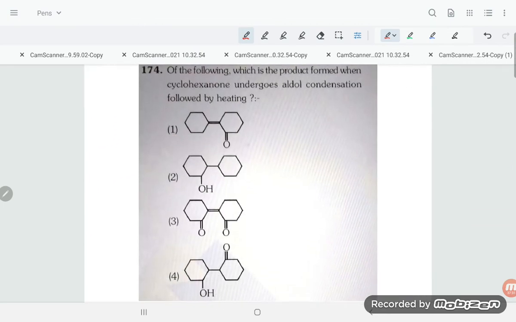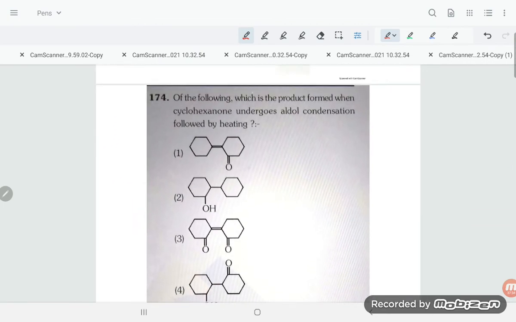Next one, students: which of the following is the product formed when cyclohexanone undergoes aldol condensation followed by heating? So we are going to solve 174, dear students.